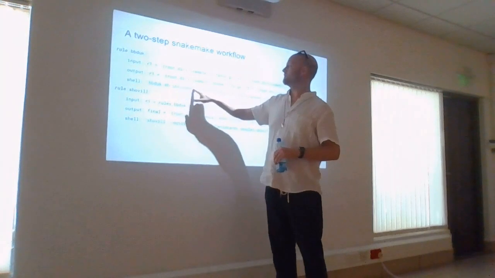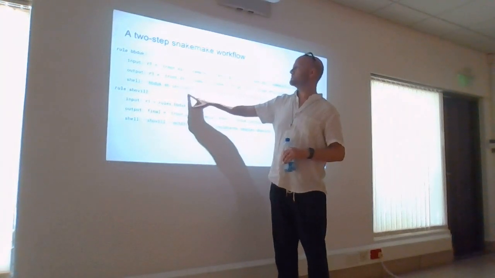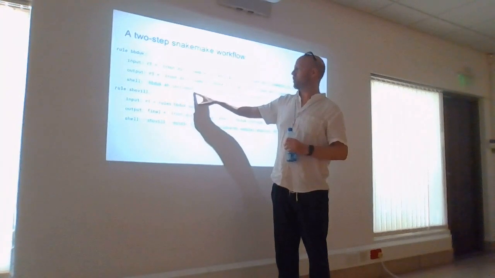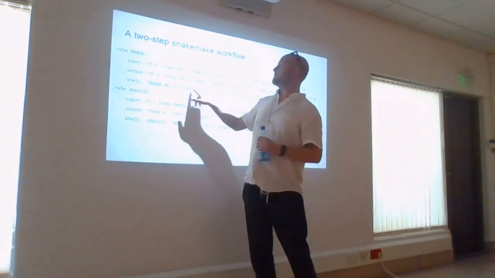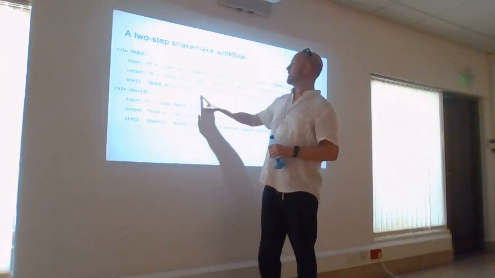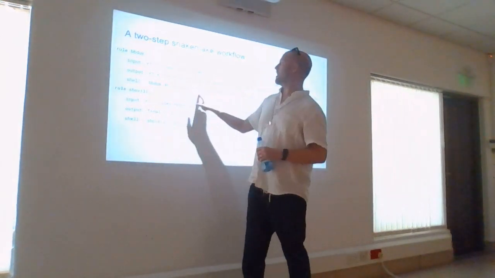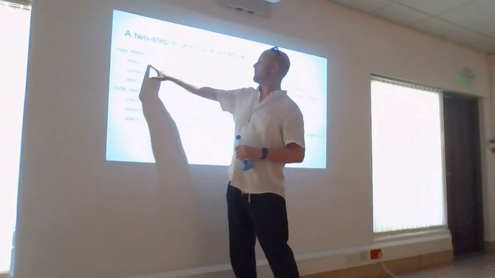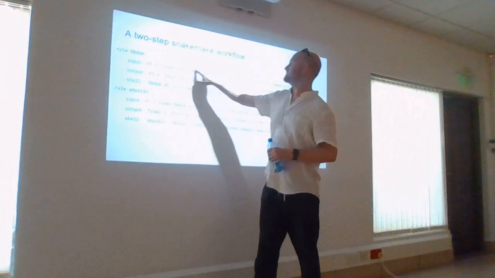And then in the shell section, rather than just input as we were doing previously, we're using the dot syntax to specify which part of the input we want. So when we use this named wildcard, input.r1, it knows that we're referring to this one.